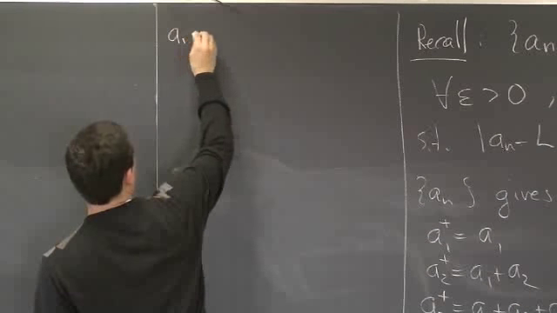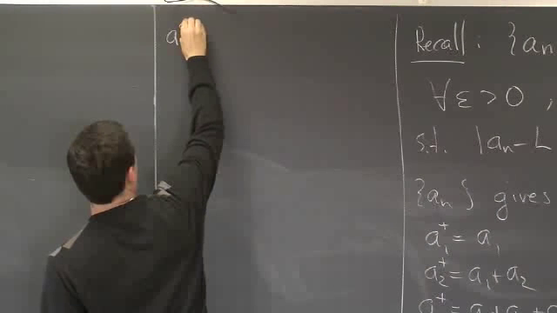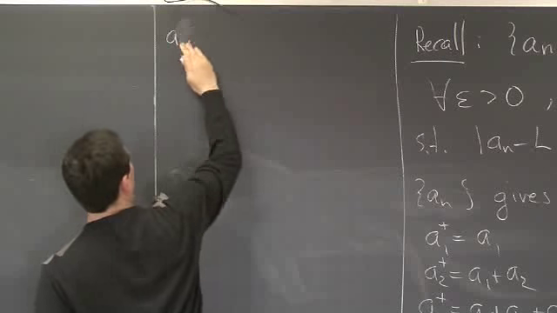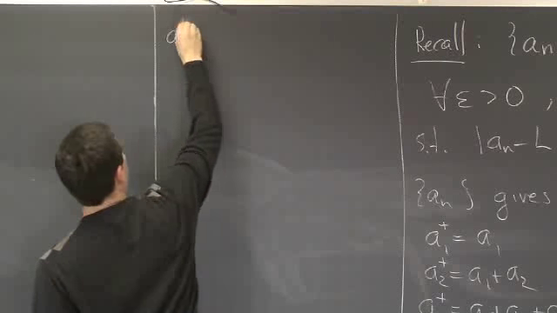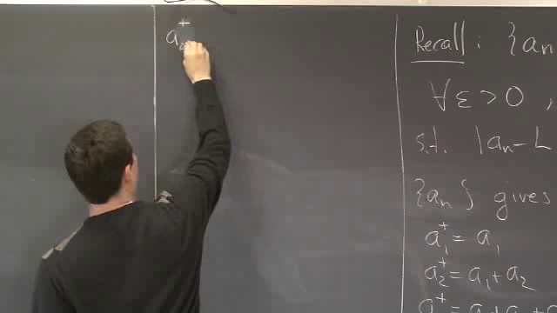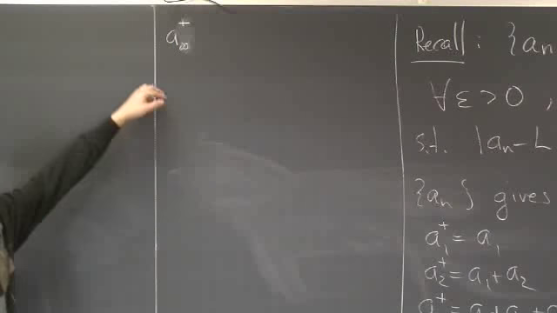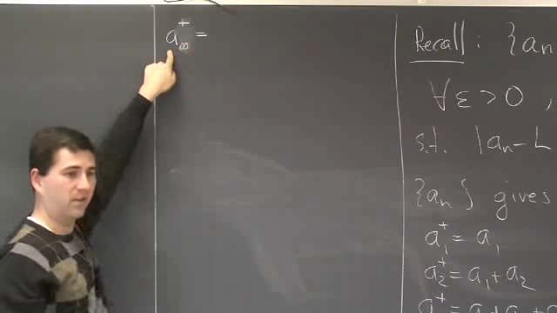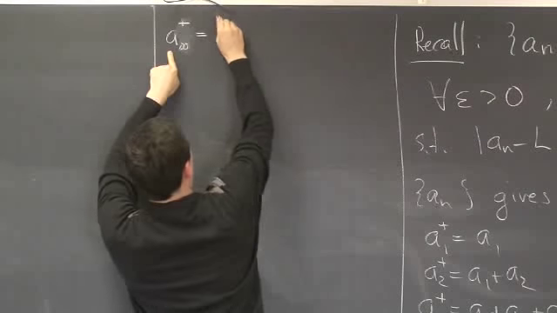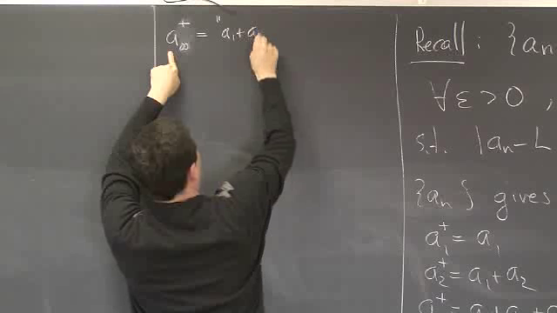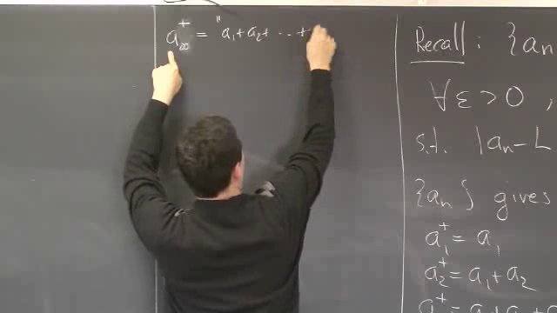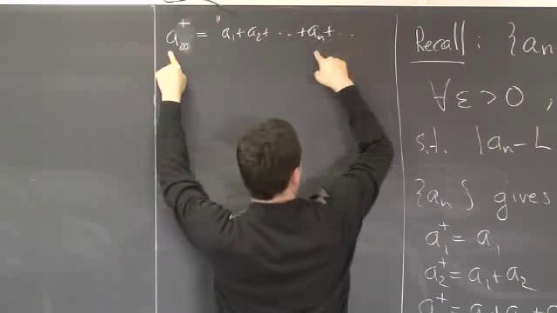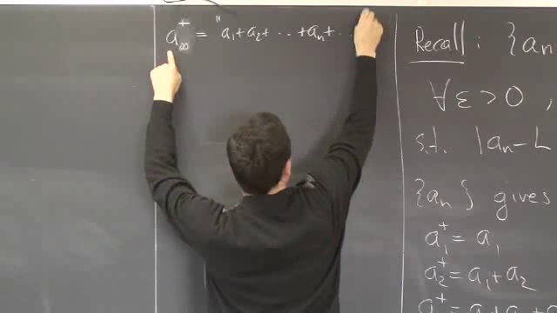So we put quotes around it. Maybe we'll use the following symbol, A infinity plus. What should this mean? Well, this just means you add up all the terms in the sequence, but we'll put quotes around it. And you don't stop anywhere. I've shown an, but you just keep going.